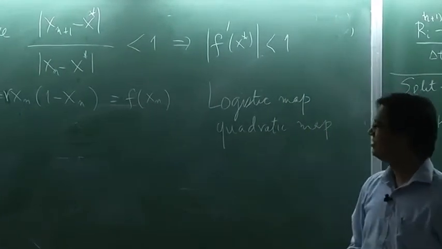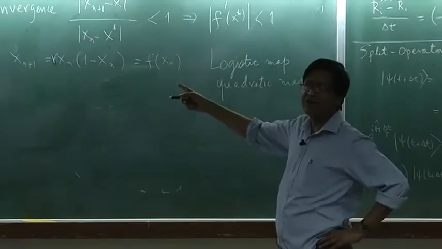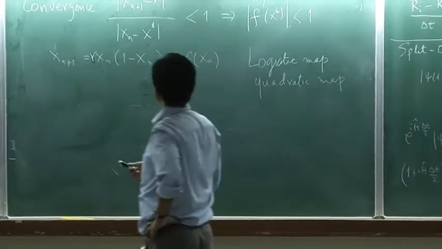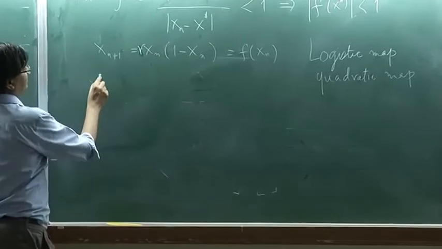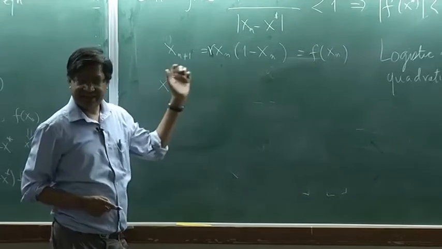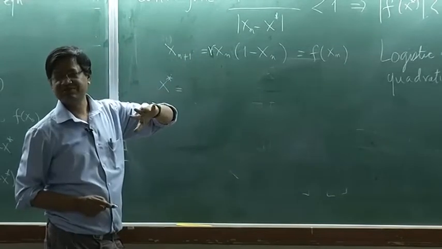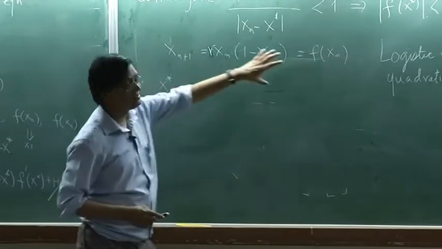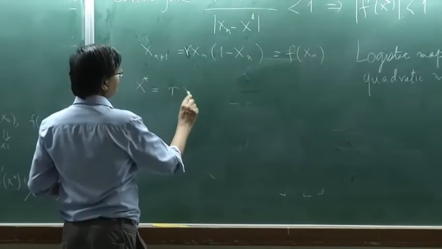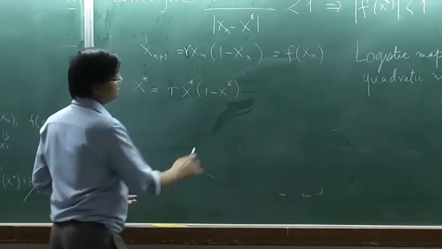In fact we can compute the solution right away analytically. So what are the analytical solutions? I am looking for a fixed point, where x equals f(x), and I am calling it x star. So the solution is x star equals r x star (1 minus x star). So what are the solutions?